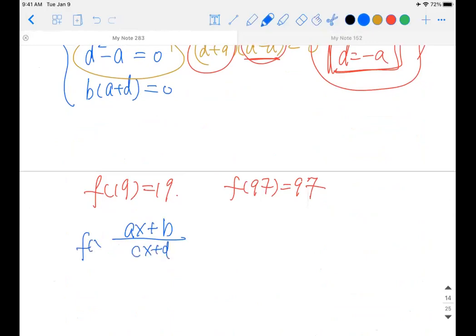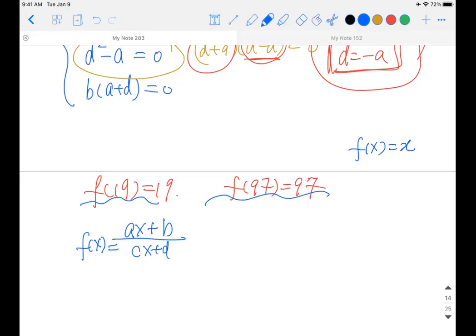That's for f(x), right? Since f(19) equals 19 and f(97) equals 97, they look like f(x) equals x.